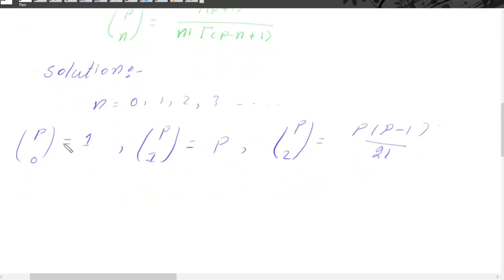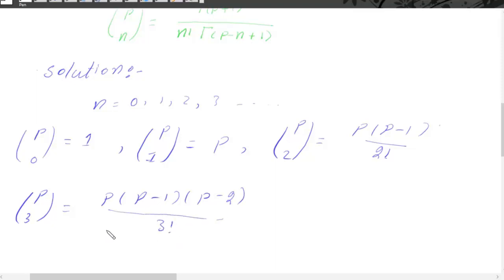And then we write the combination of p and 3, which is equal to p times (p minus 1) times (p minus 2) divided by 3 factorial.